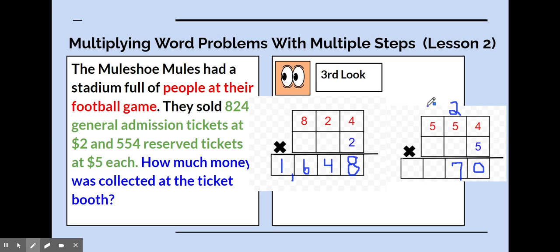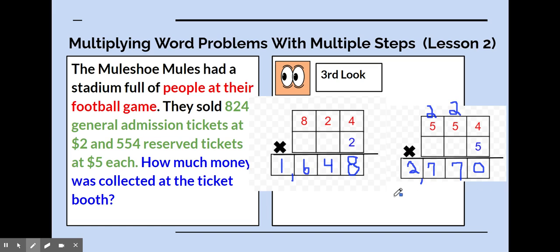Carry the 2. 5 times 5 is 25, plus 2 more is 27. So it cost $2,770 for the reserve tickets.